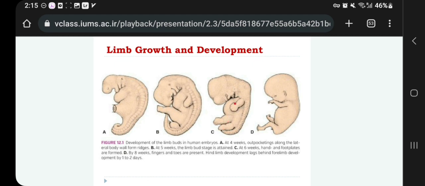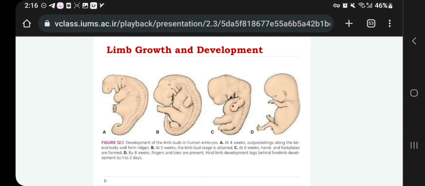It's separated from the proximal part with a constriction here, and the constriction makes the upper limb into two parts, the proximal and distal. In the next step, the proximal part again has another constriction and makes three parts in the upper limb and also in the lower limb. For example, here arm, forearm, and hand.